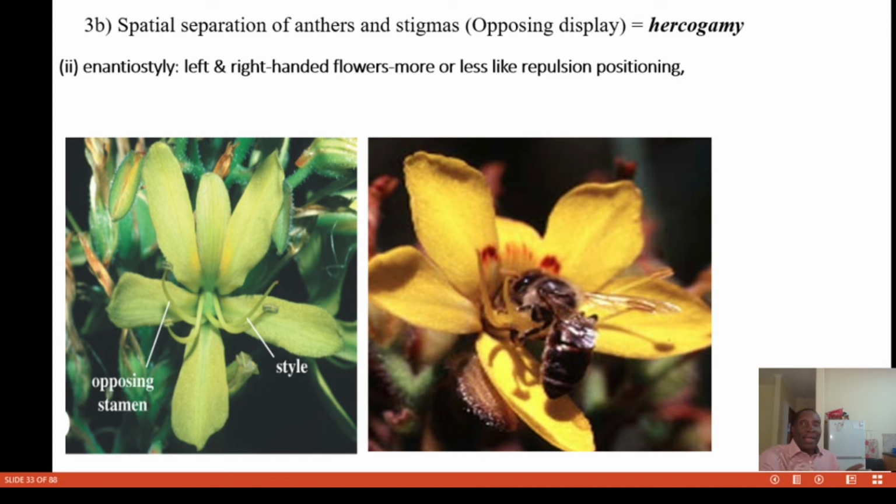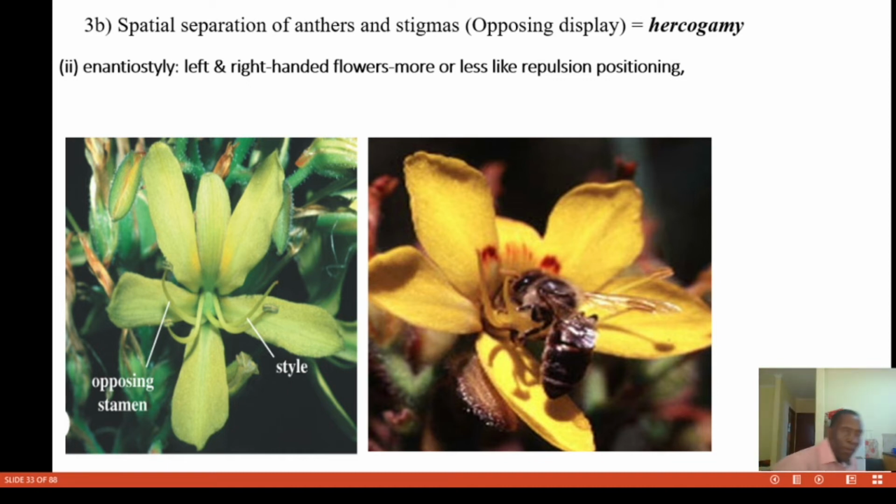Now we have another spatial separation of anthers and stigmas, a very interesting display of how the things oppose each other. You can imagine a man facing one side, they don't want to talk to each other, and the woman facing on the other side, back to back.